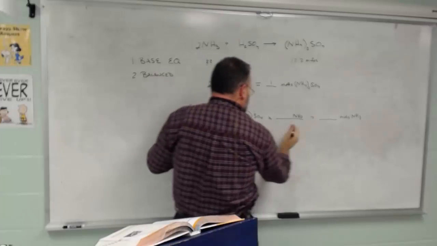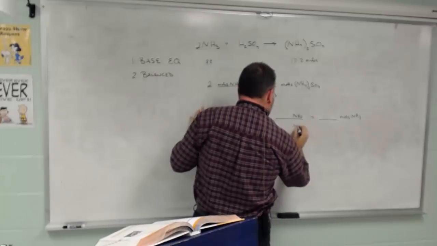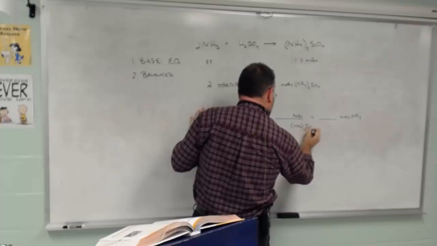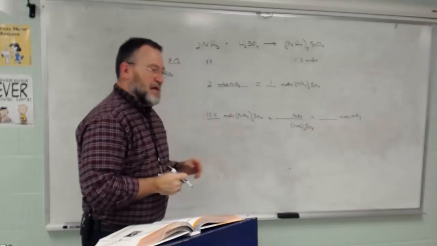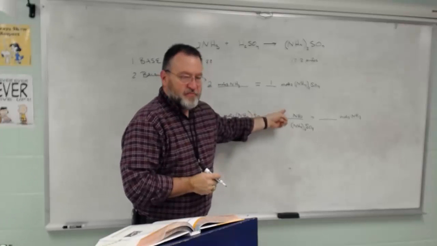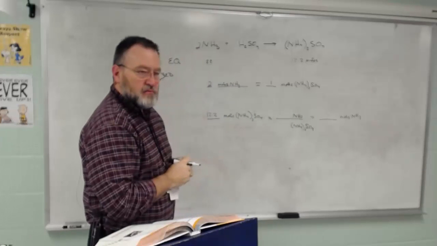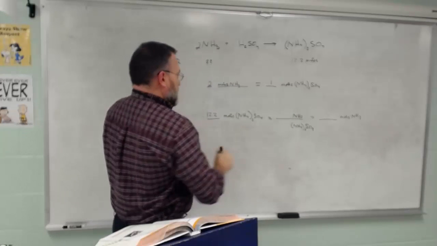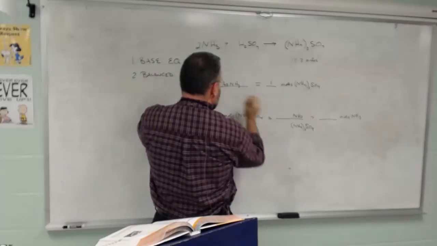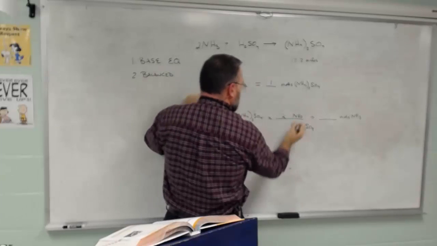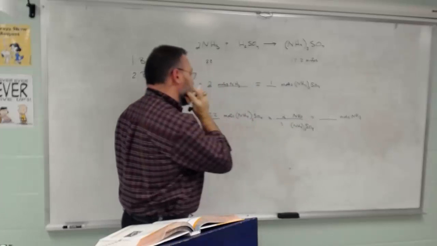My denominator needs to be moles of ammonium sulfate. And I get this multiplier from this statement of equality. 2 moles of ammonia per 1 mole of ammonium sulfate.